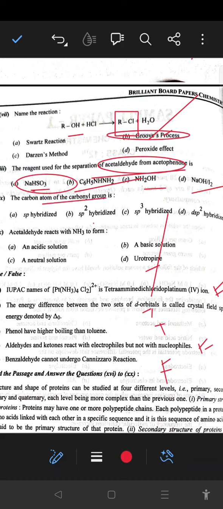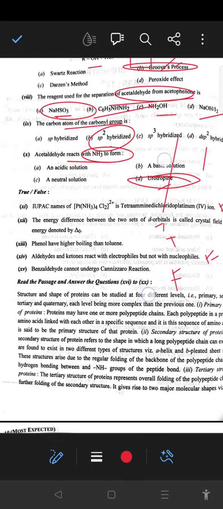Next, the carbon atom in the carbonyl group is sp2 hybridized. And next, acetaldehyde reacts with ammonia to form an amine product, leading to the formation of urotropine. Next, two true or false type questions.